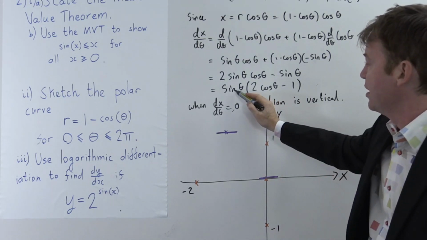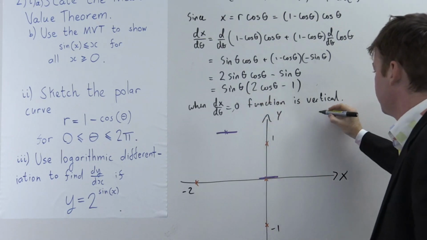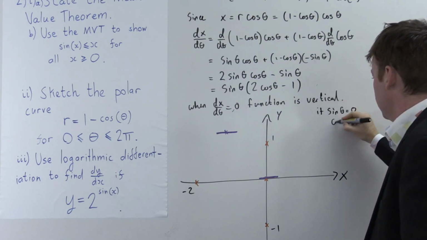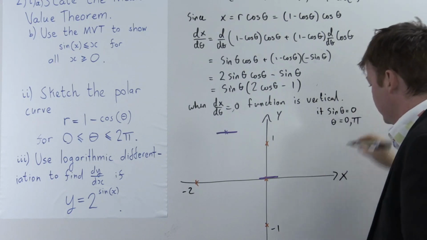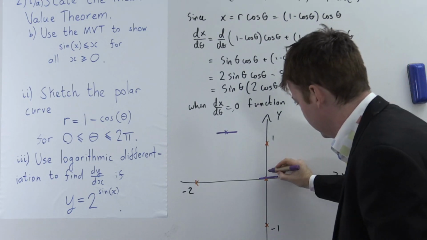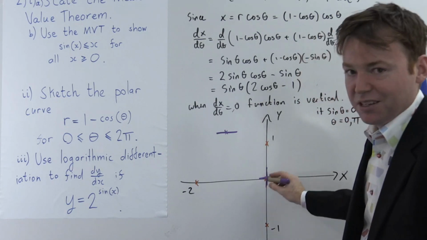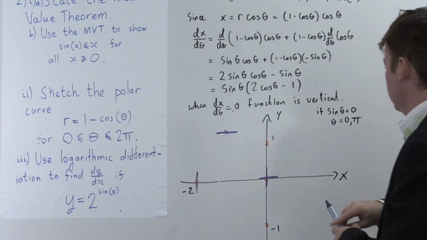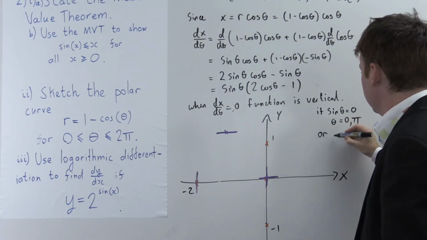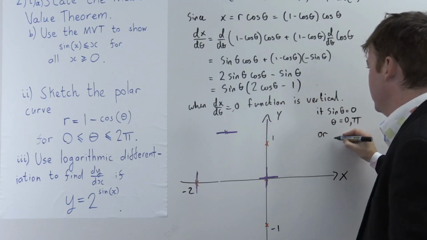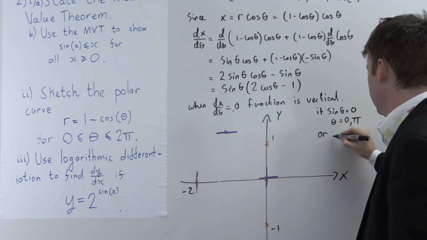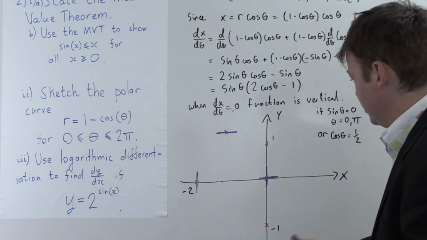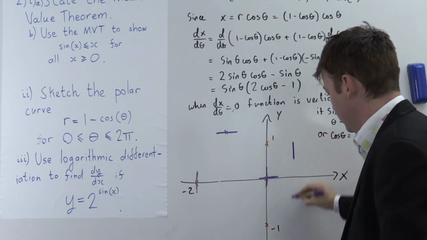And this occurs either when sine theta equals 0, then theta is equal to 0 or pi. So I've got these vertical points here. So this is both horizontal and vertical, which is telling me there's something crazy going on here. Or this one. Or when 2 cos theta is equal to 1, so cos theta is equal to 1/2, which happens, say, here and here.